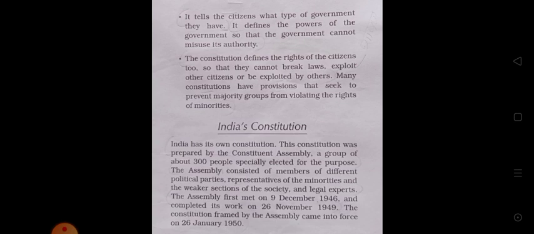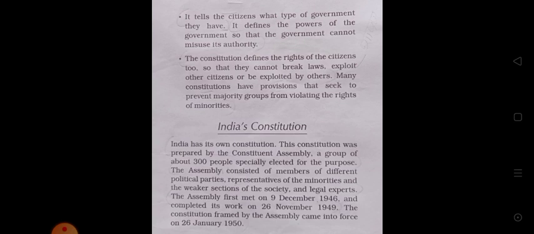The assembly consisted of members of different political parties, from almost all areas, the representatives of the minorities and the weaker sections of the society, and legal experts. Everybody was there in the formation of the constitution.